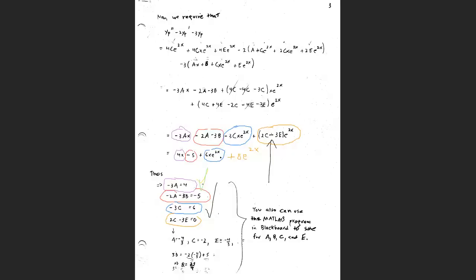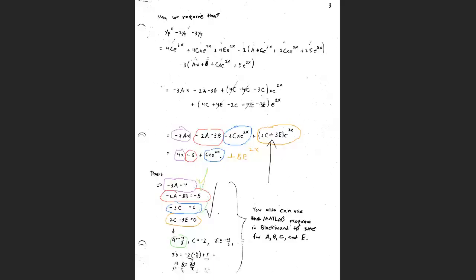I'm clarifying everything. So now you have 4 equations. Very good, Matthew. 4 equations and 4 unknowns. And of course, we could solve the equations by hand, no problem. Certainly by the first equation, we know that A would equal -4/3, and by the third equation, C equals -2.